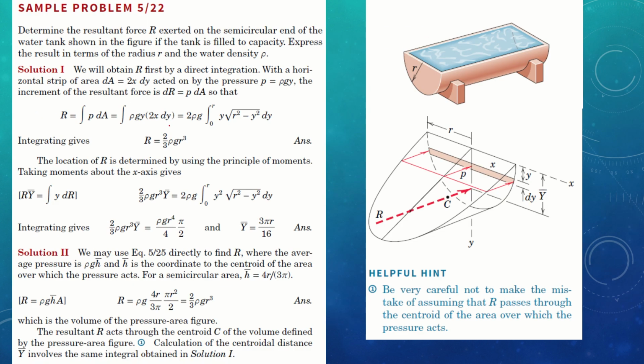Similarly, you can look at one more example. Determine the resultant force R exerted on the semicircular end of the water tank shown in the figure. If the tank is filled to capacity, express the result in terms of R and water density.